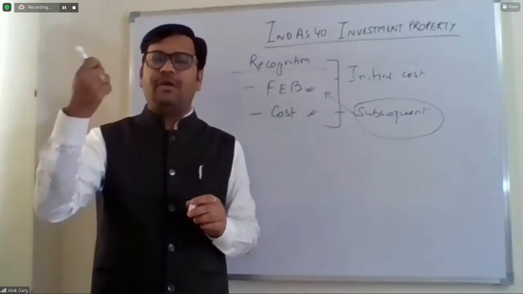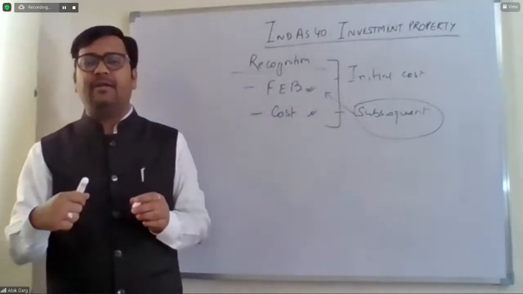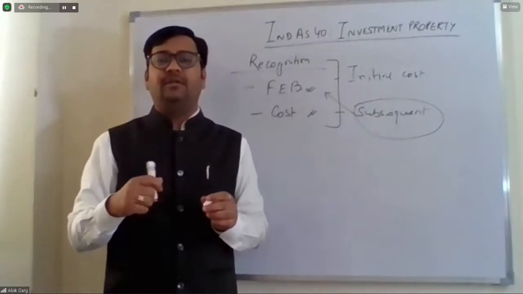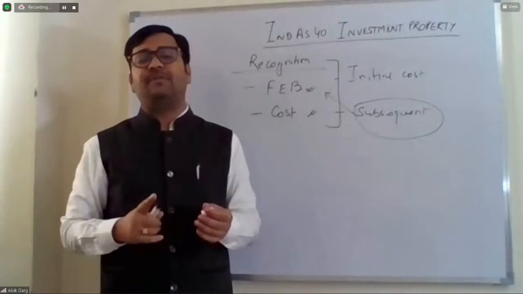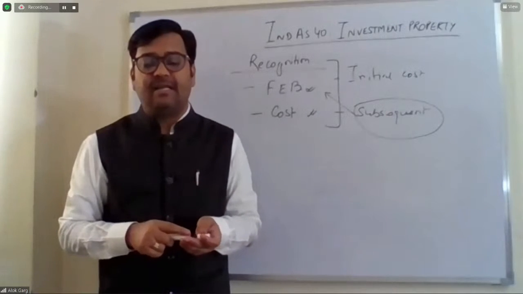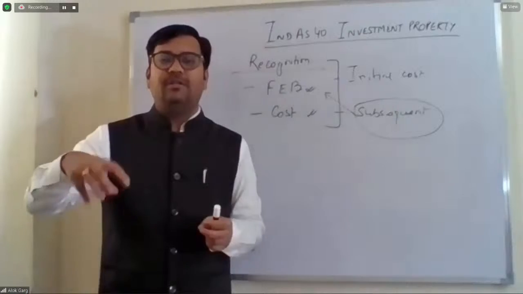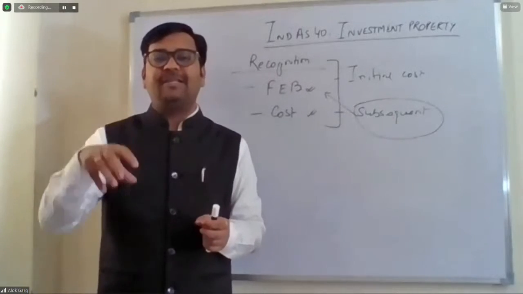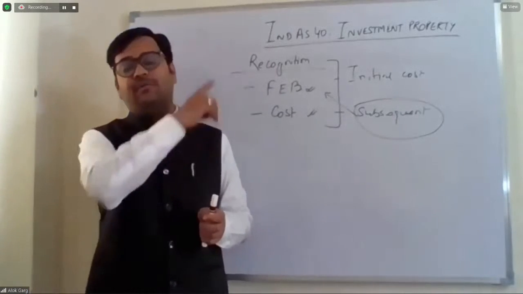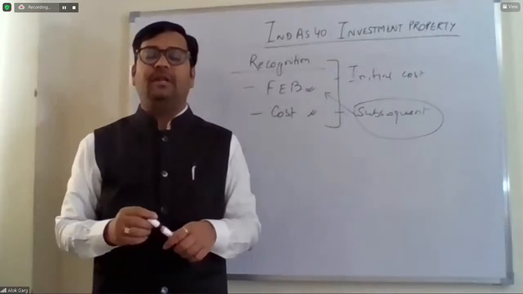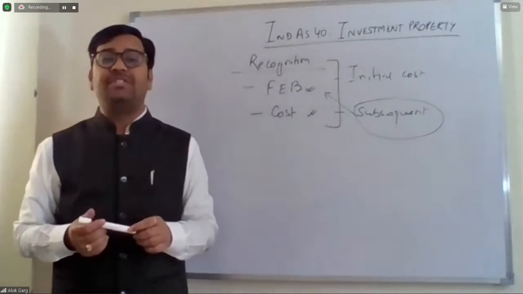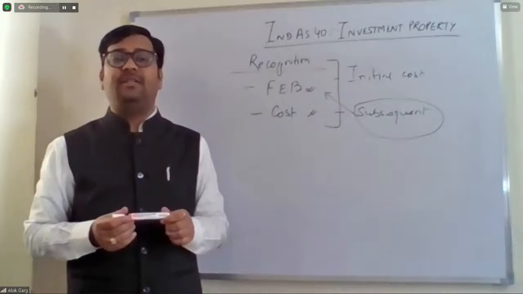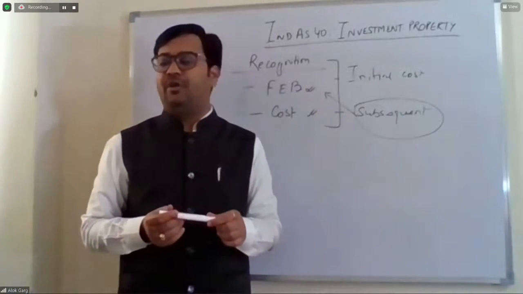Sir, if we don't have a carrying value of that part, then how to treat that existing part for the purpose of derecognition? The standard says that the replaced cost, the current cost, will be treated as an indicative value for removing the earlier cost, like we have done in the case of machine and turbine, like we have done in the case of truck and engine. Do you remember that?